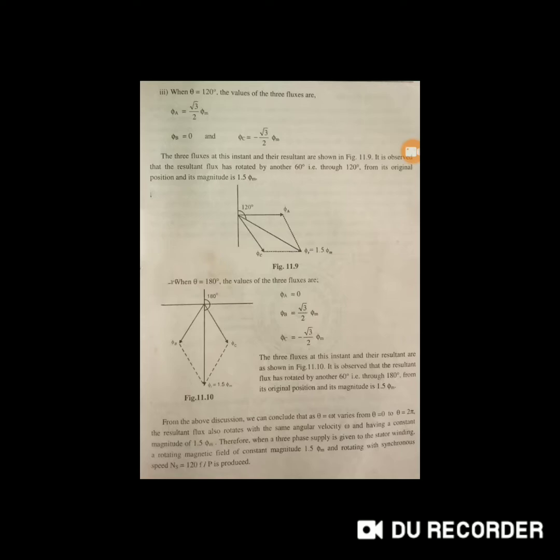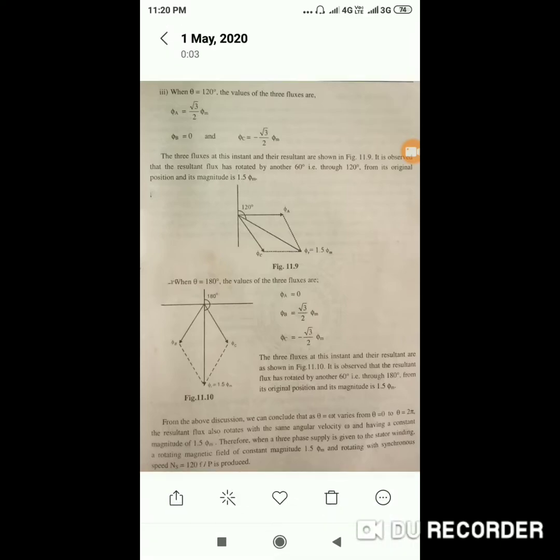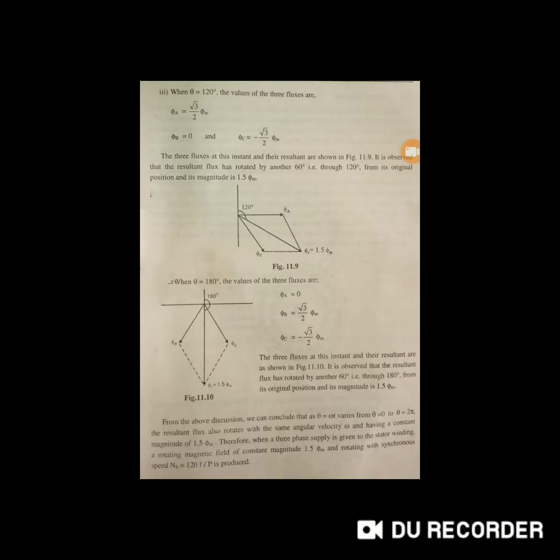Similarly, when you reach 180 degrees, that is omega t equal to 180 degrees, phi A is equal to 0, phi B is equal to root 3 by 2 into phi m and phi C is equal to minus root 3 by 2 into phi m.